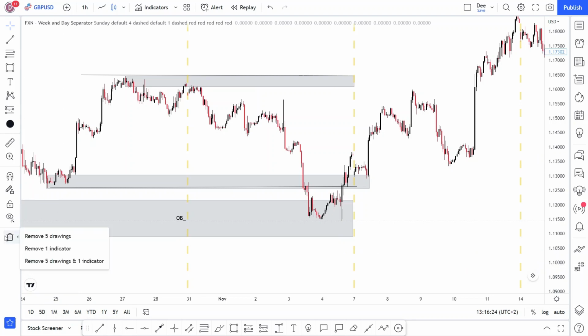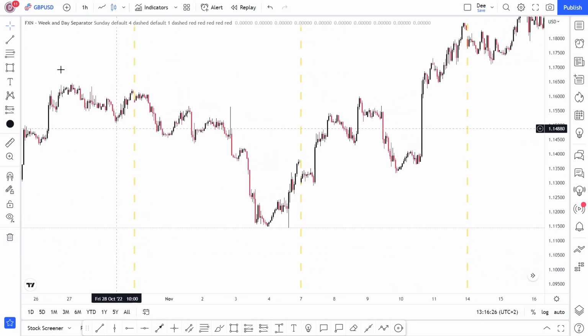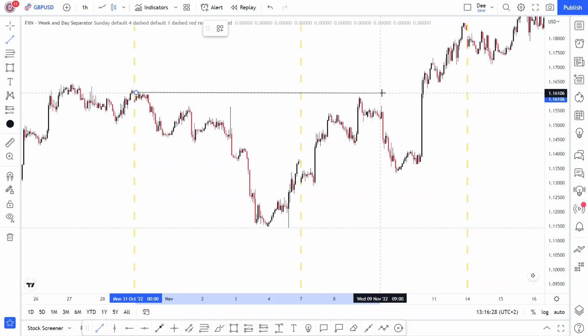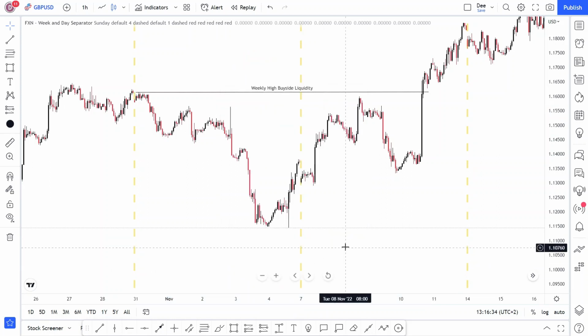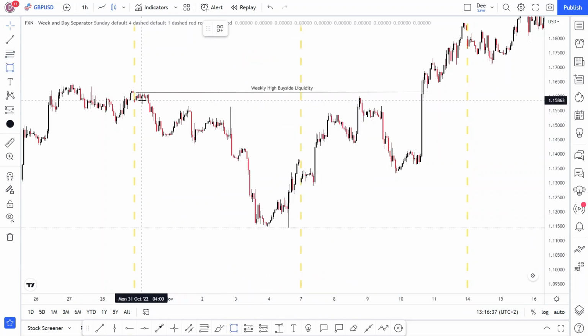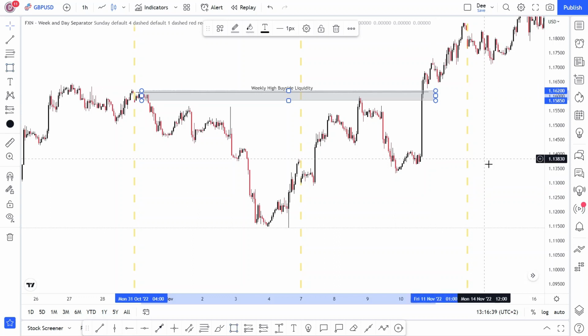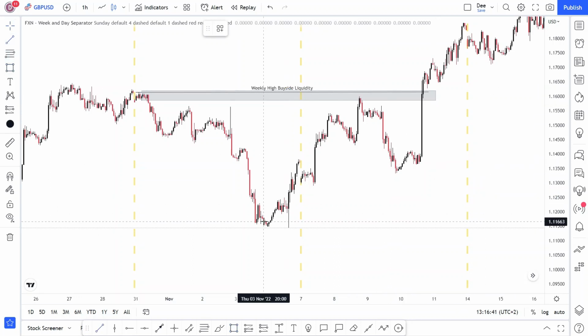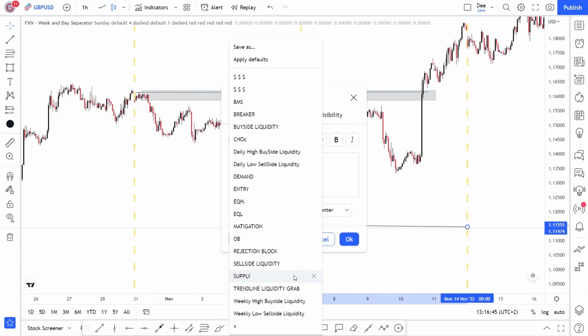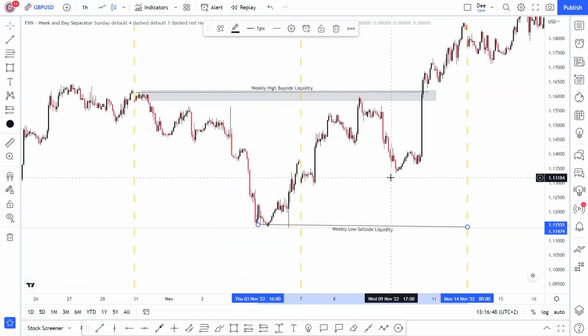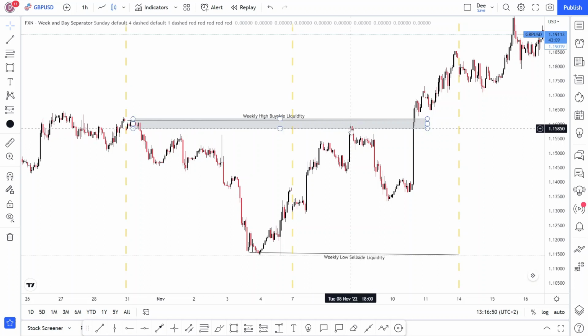Coming into the new week, new setups, right? And this was the high. Let me just mark the weekly high buy side liquidity, and this was the resistance, and this was the weekly low, sell side. So on Monday they come, on Tuesday they come to retest the weekly resistance.